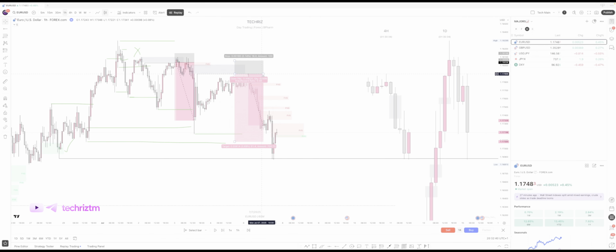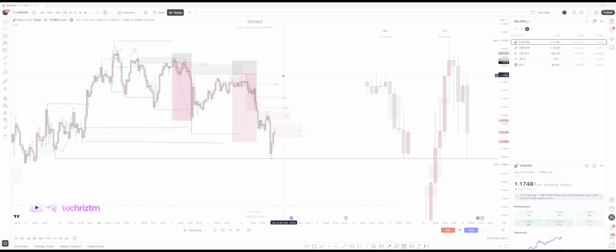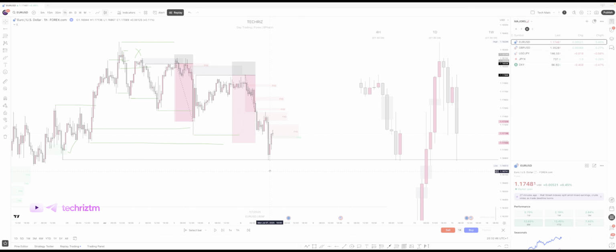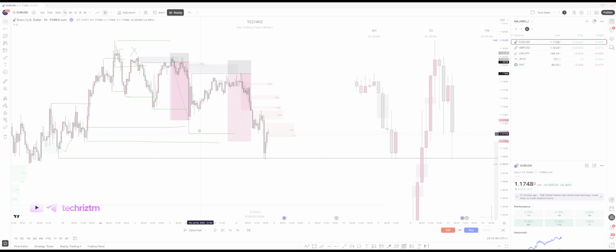Now that this sell has played out, I need to look for points of interest that I can use. This is my break of structure. You can see it here. We've broken structure, so it means more sells, and we need to look for the point of interest closest to an inducement. Now this is the fair value gap.